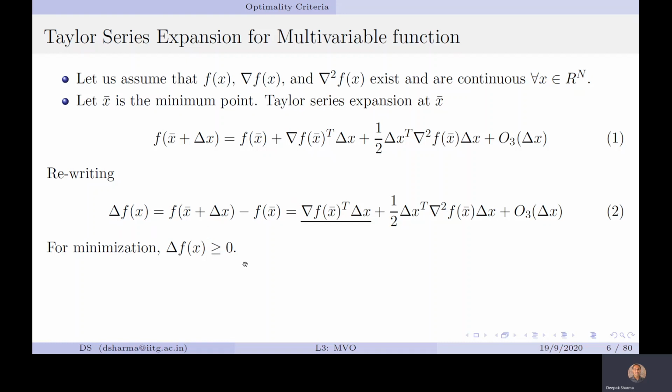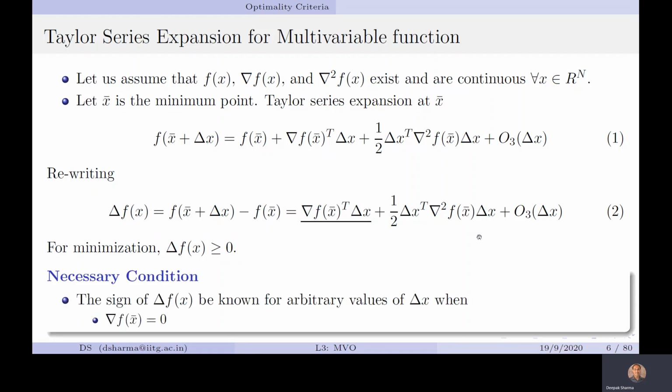This particular relationship is similar to what we used in single variable optimization. Since this condition is satisfied, the right hand side should be greater than 0. So in equation 2 also the right hand side should be greater than or equal to 0.